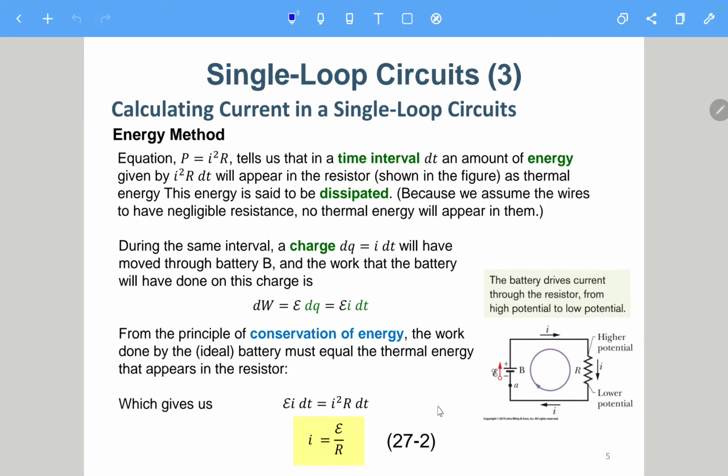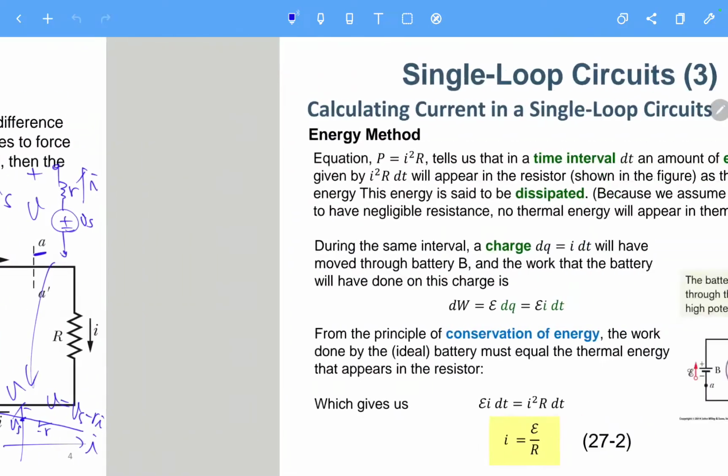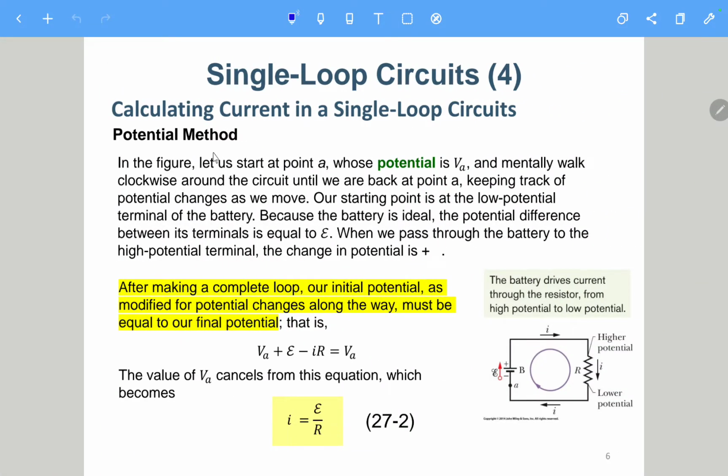Here it is nothing but E equals IR, because it is still the same circuit with a different approach, the energy method and the potential method. The potential method is nothing but E equals IR, so nothing special.